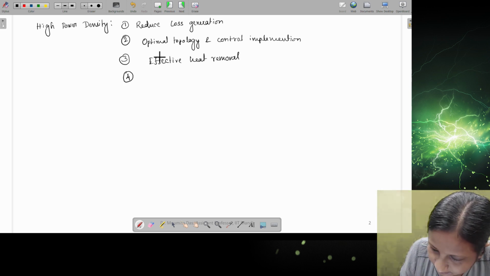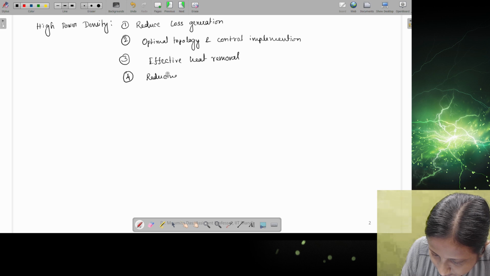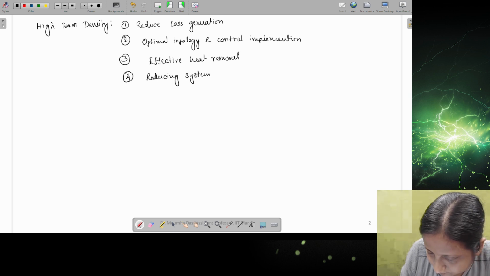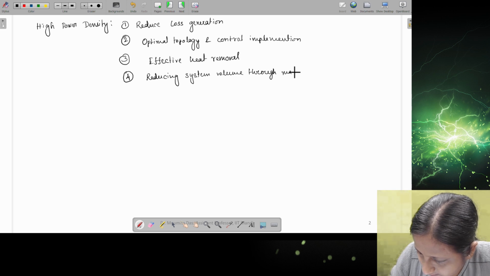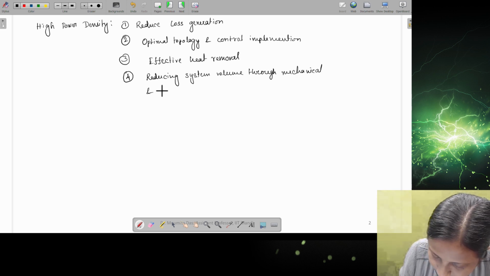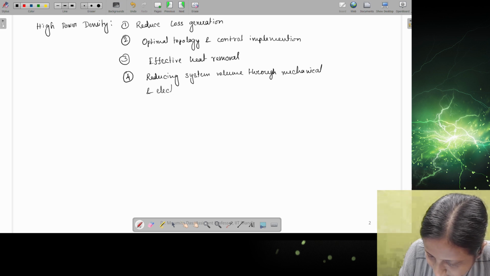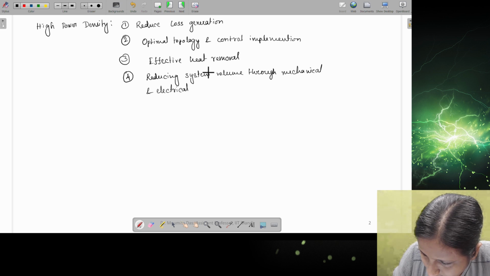Fourth is reducing system volume through mechanical and electrical component integration.